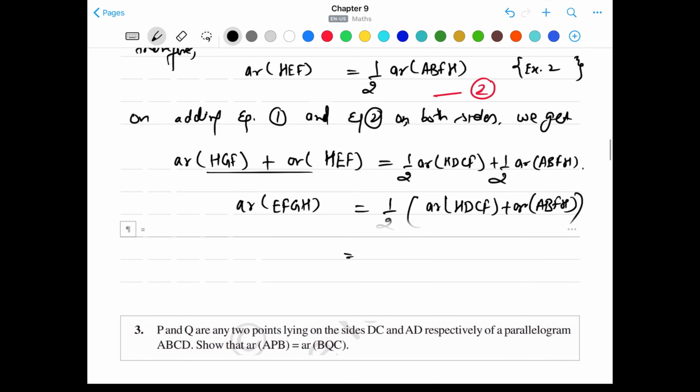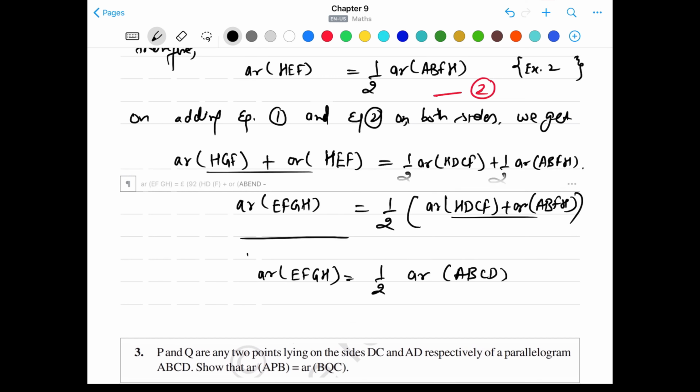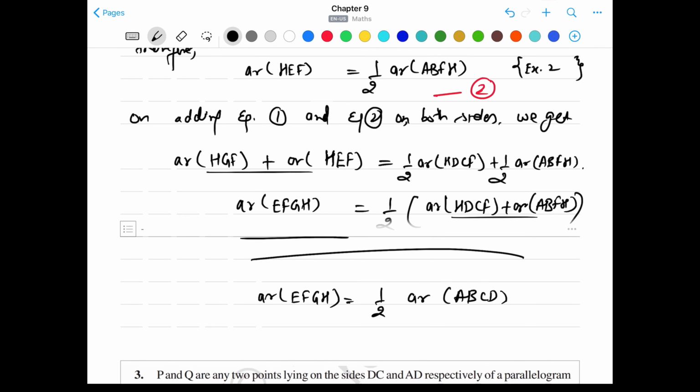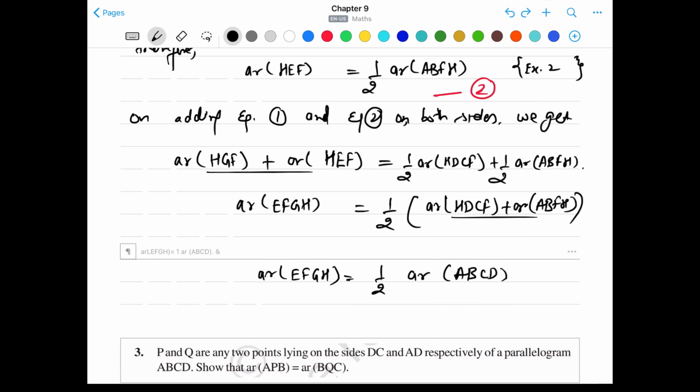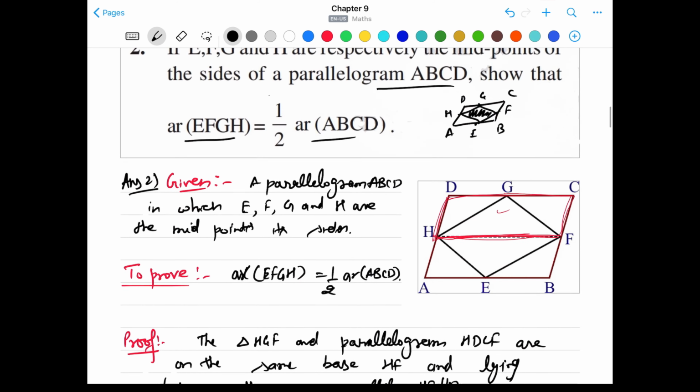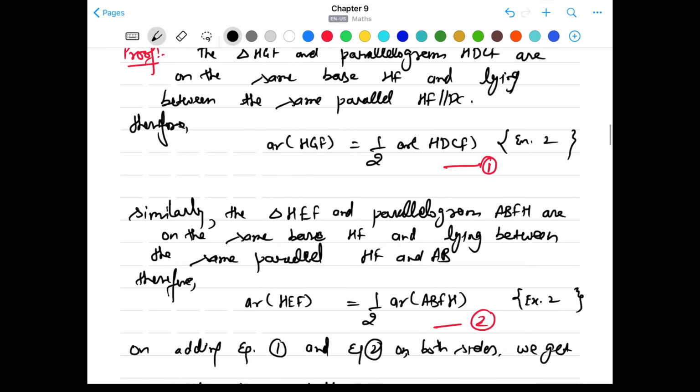Again, when you add these two you will get the area of parallelogram ABCD. That is, the area of parallelogram EFGH is equal to half the area of the parallelogram ABCD. Okay, so this is what we were asked to prove here. So that's the answer of question number 2 of exercise 9.2.